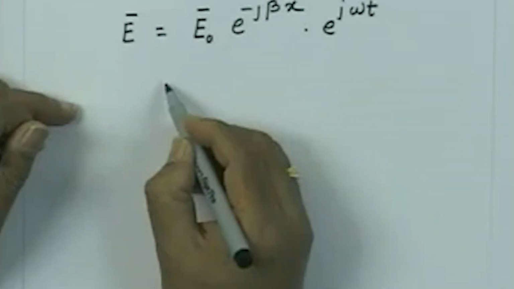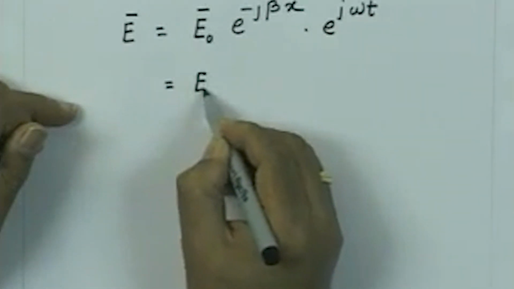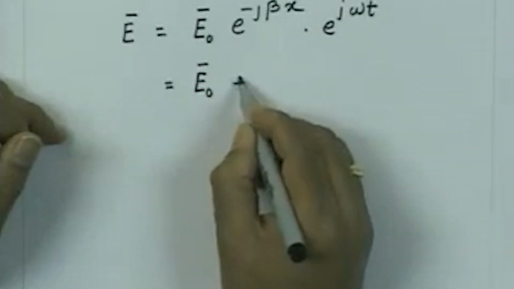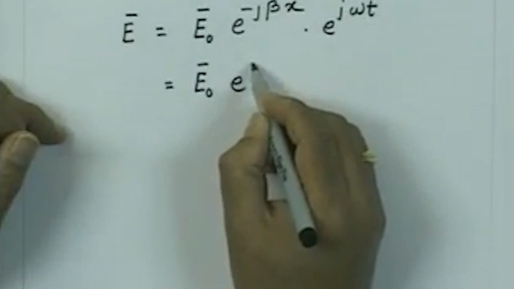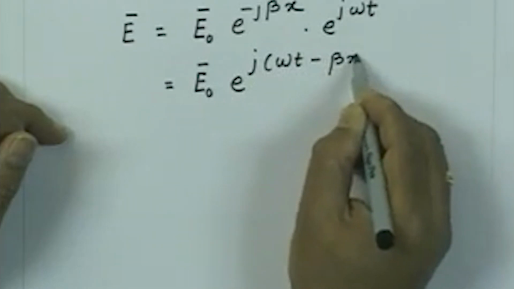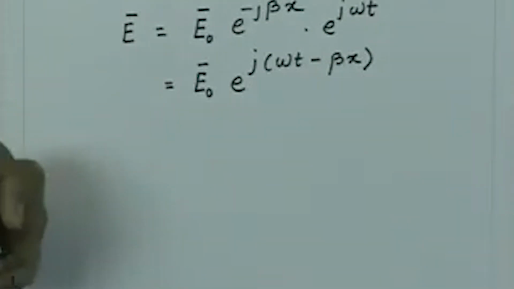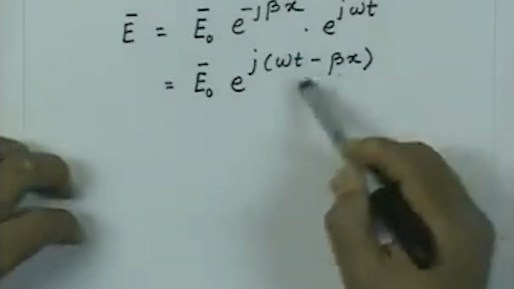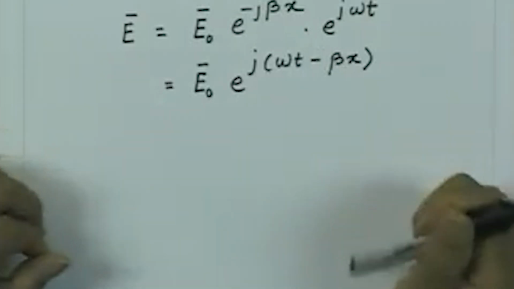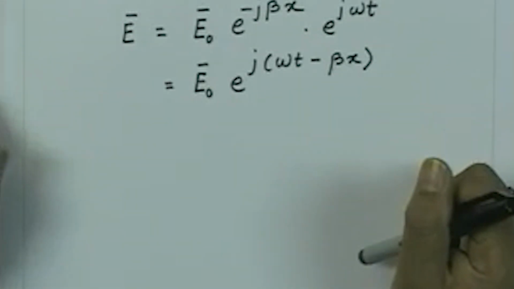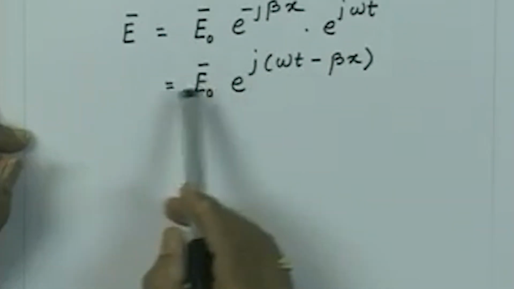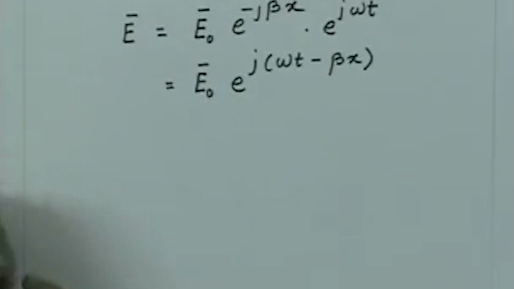I can combine this to get the amplitude vector E0 e to the power j omega t minus beta x. And as we have seen earlier, this phenomenon essentially represents a wave phenomenon. The wave is traveling, and in this case, when we take minus j beta x, the wave is traveling in positive x direction, that we have already seen.